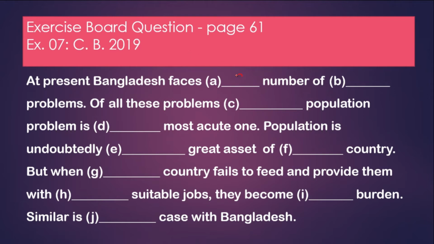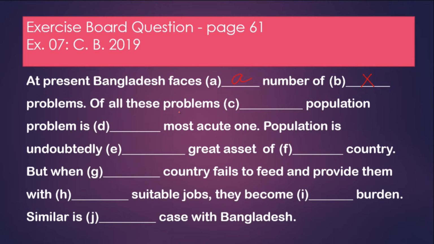Faces a number of problems, so we will not use the or any article here. It is because problems is plural and we don't need to specify the problems. So that's why we will not use any article here.